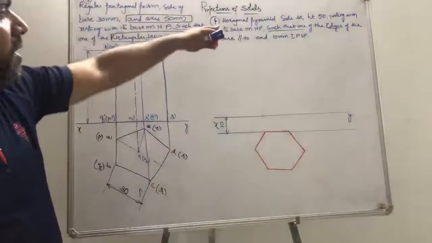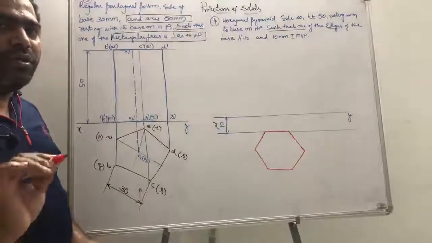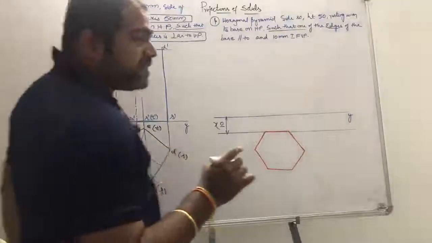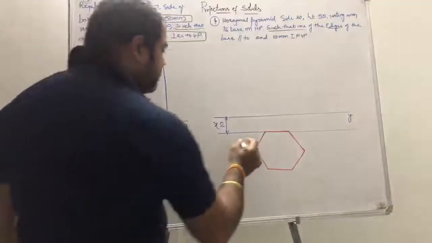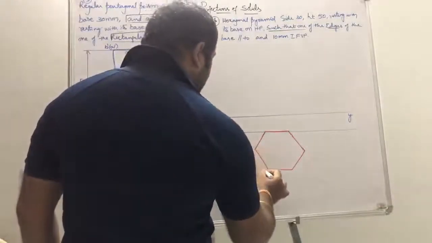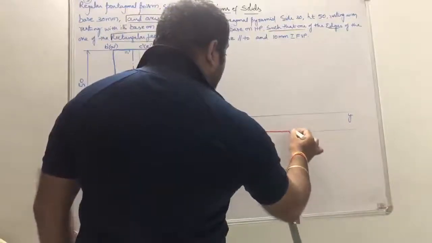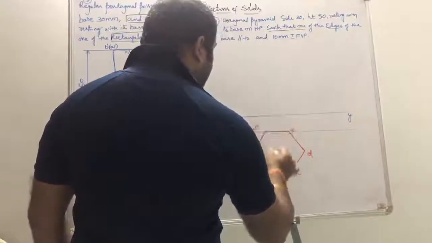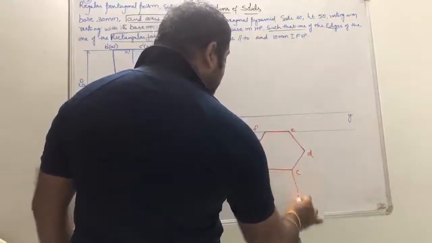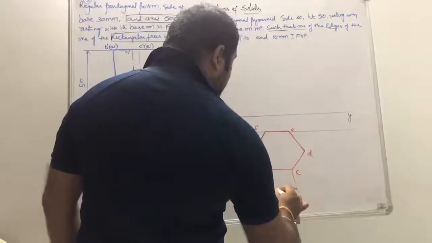Okay, so here it is a hexagonal pyramid. Don't get confused. How many sets of points have you taken? Only one set of points, A, B, C, D, E, F. The side is given as 30.